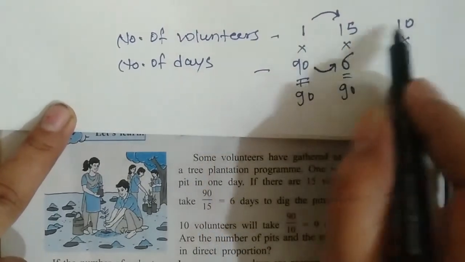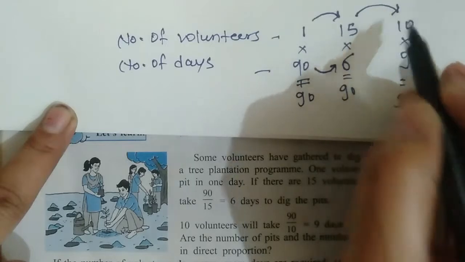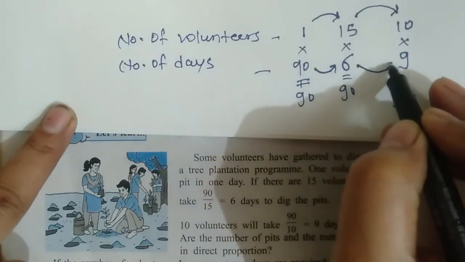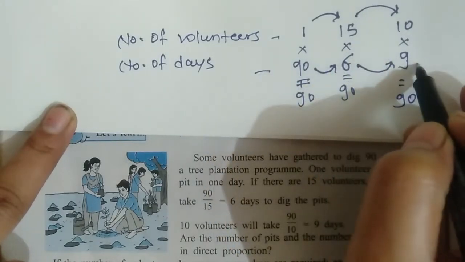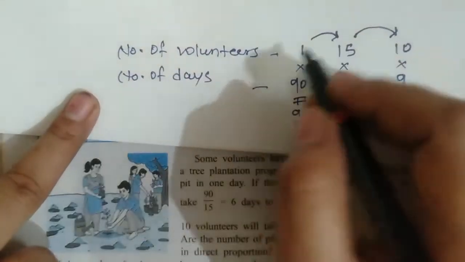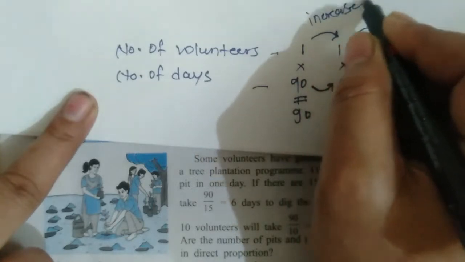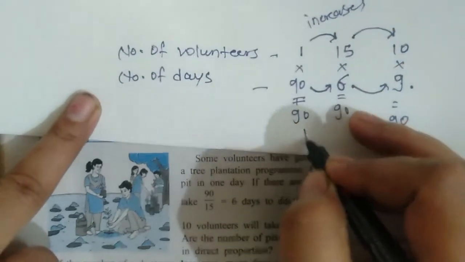Now see the second and third instance. If the number of volunteers decreases, then the number of days increases. Correct?